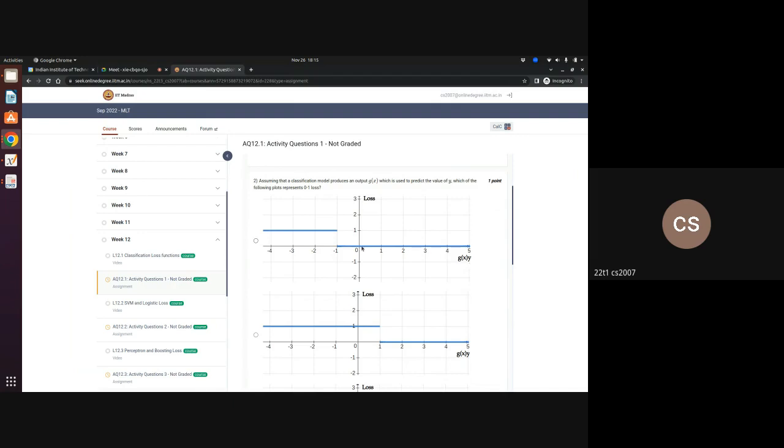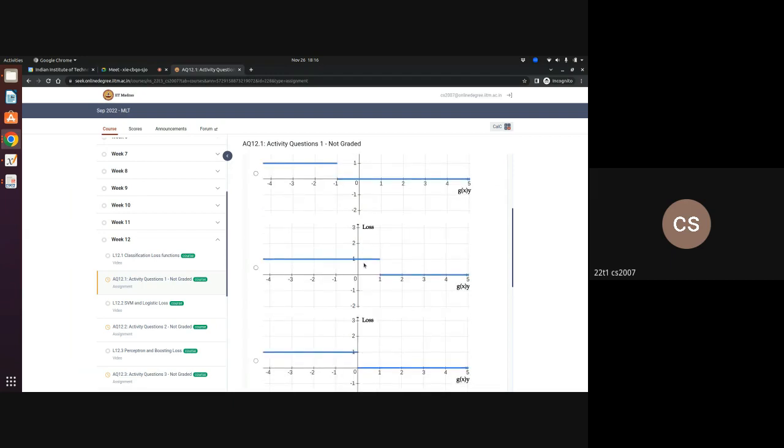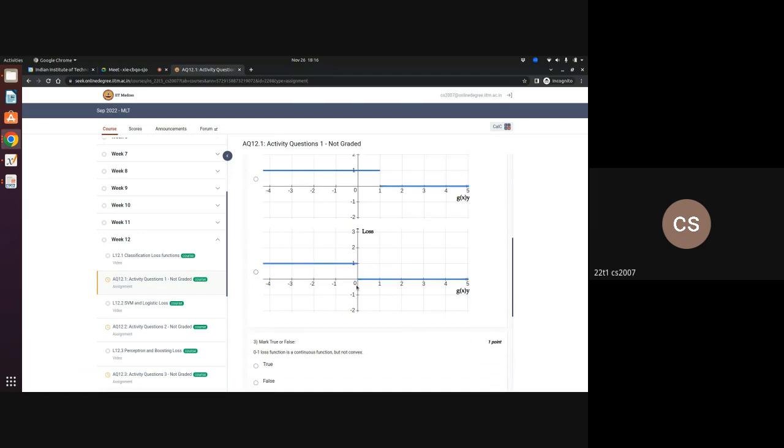Here, after this point, W transpose x into y is greater than 0, and in that case there should not be any error. And when it is less than 0, which means it is negative, there should be an error of 1. That we should note. So the first one is incorrect, the second is incorrect, the third option is the correct one. This is your 0-1 loss.